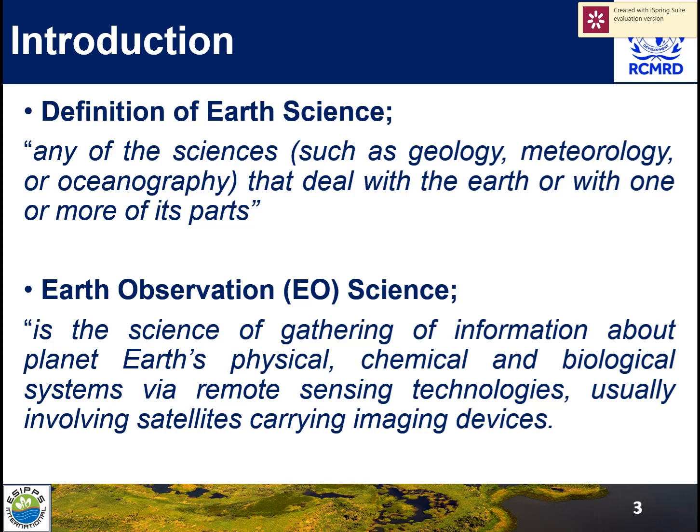So under Earth science, we have Earth observation science, which is a science of gathering information about the planet's physical, chemical, and biological systems via remote sensing technologies, which usually deal with satellites carrying image devices or sensors.